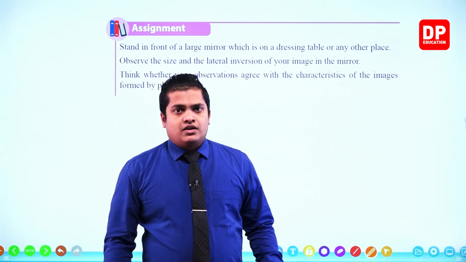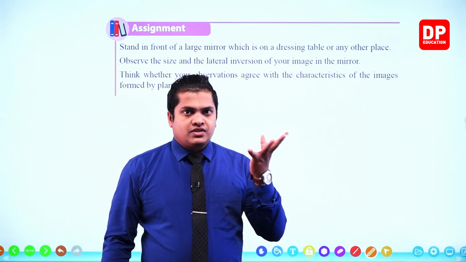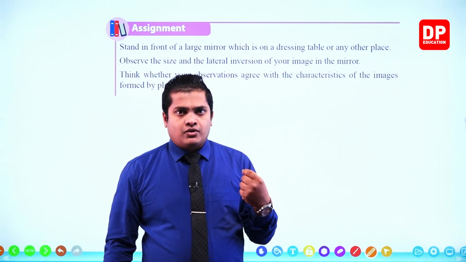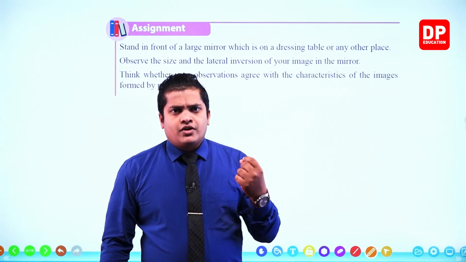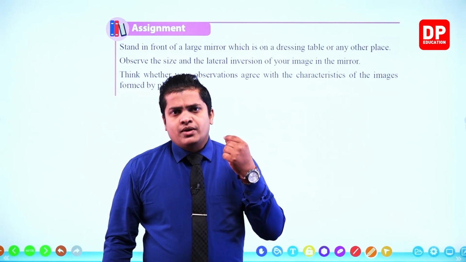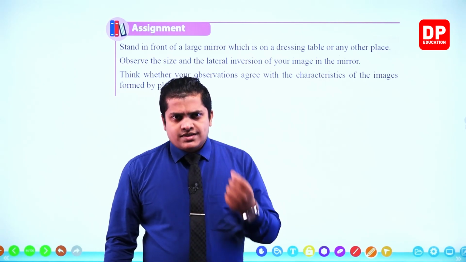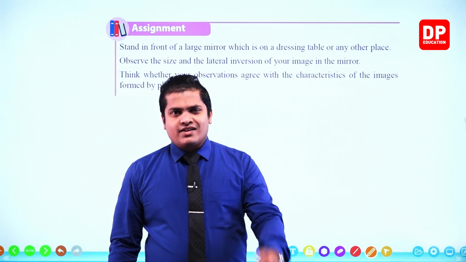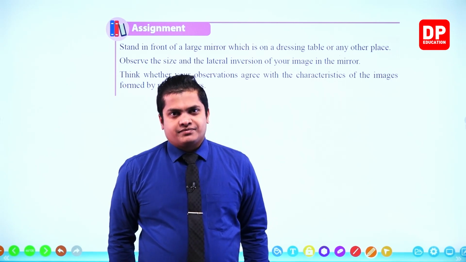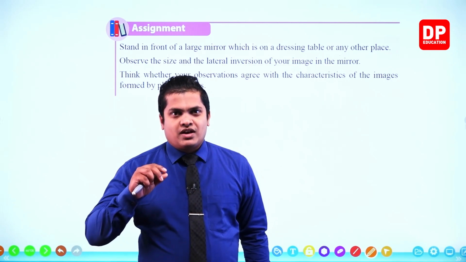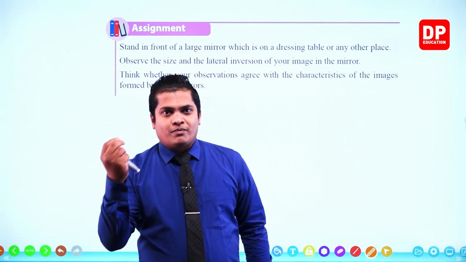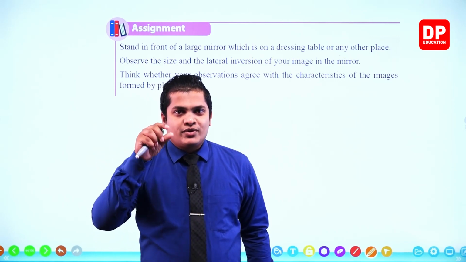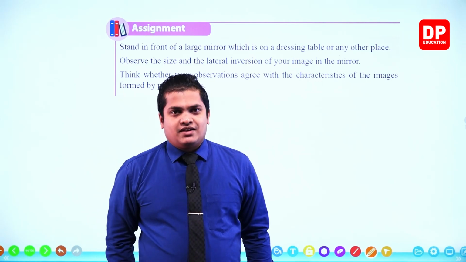Sometimes boys, when they are shaving, if there are one or two hairs, they won't be able to find the location for certain. It's because of that lateral inversion, my dear children. Because when we move in a certain direction, the image moves to the opposite. So we won't be able to get the location precisely.